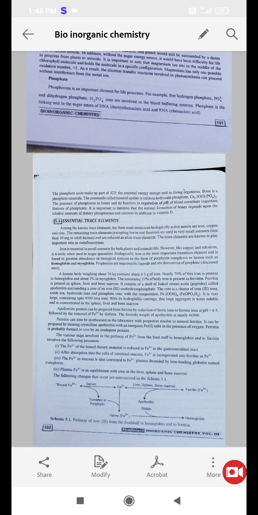Apoferritin protein can be prepared from ferritin by reduction of ferric ions to ferrous ions at pH 4.5, followed by the removal of Fe2+ by dialysis.